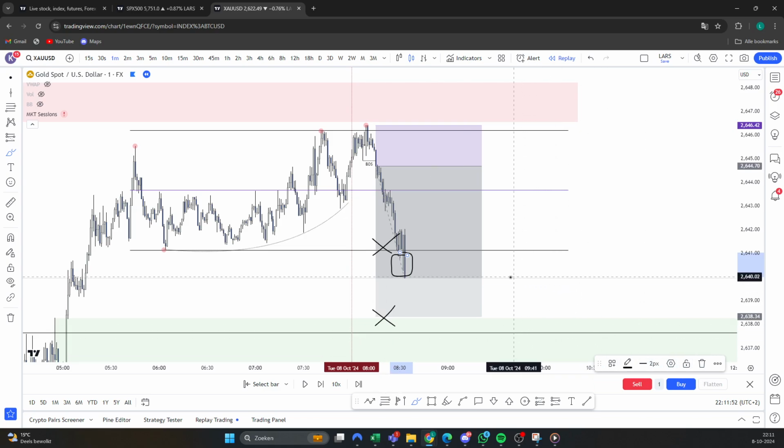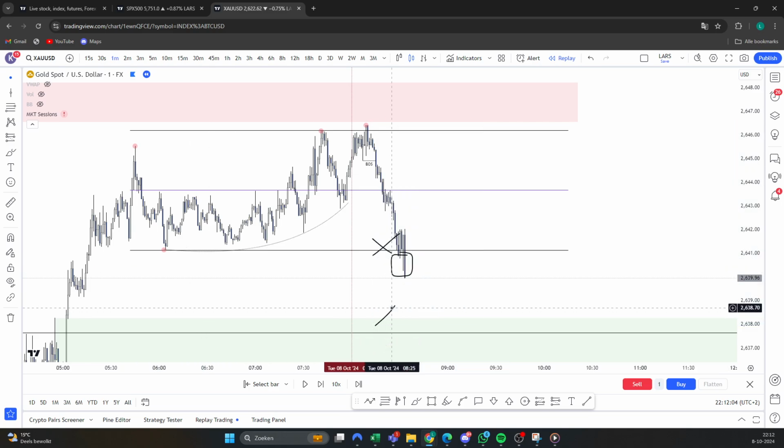It was very frustrating that I had limits right here, and then price actually exceeded that limit by a lot, and I did not get filled. So it was very annoying because then I decided to market it, but when I marketed it, it was right up here. So very annoying price behavior from MT5 regarding ACG.